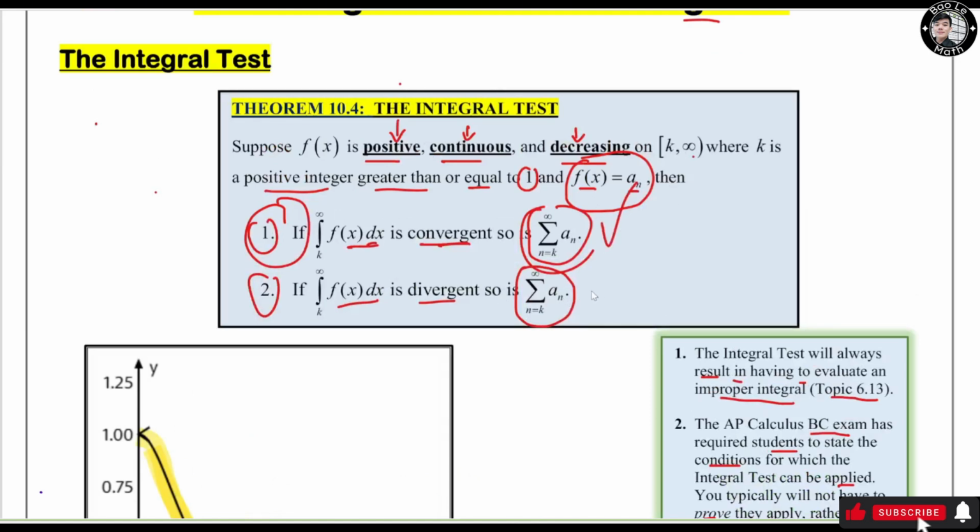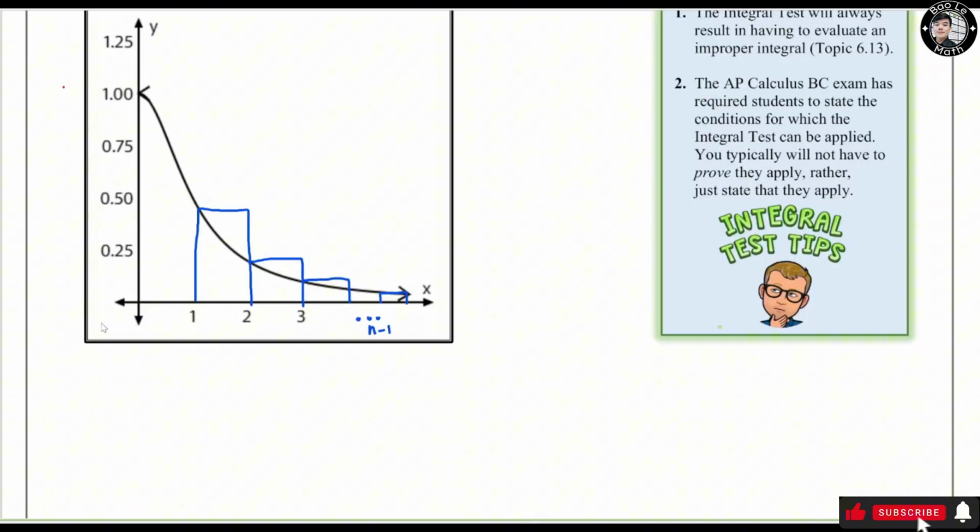Now let's prove the second one. In order to prove the second one, we're gonna use the left endpoint Riemann sum. Now similarly, we have the error equals the width times the height. The height in this situation is going to be f of 1, right?